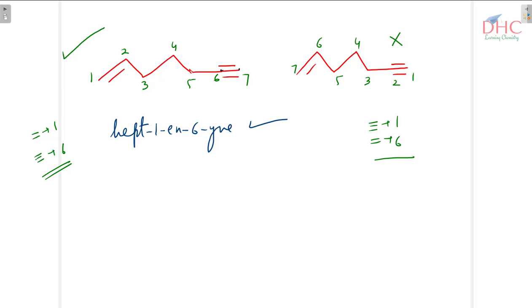Next example, the last example we will take here. So we have this example. So you have here 1, 2, 3, 4, 5 and 6. 1, 2, 3, 4, 5, 6, 7, 8, 9.